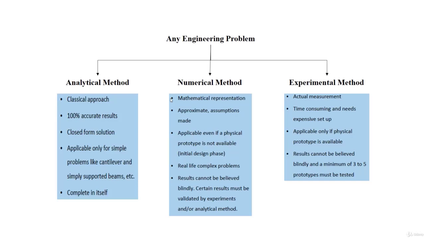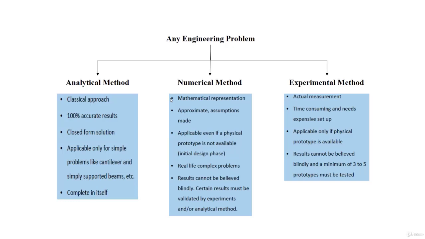It can be applied to solve real world complicated problems, whereas if we want to solve complicated problems through the analytical method, it is very difficult, and sometimes we need to approximate, and then we cannot get a fully closed form solution. Then, the results which come from numerical methods cannot be believed blindly.